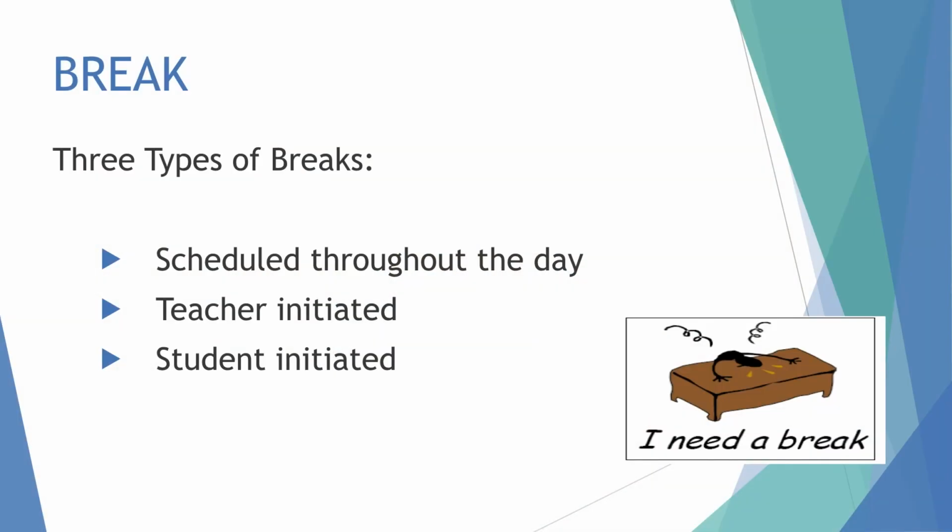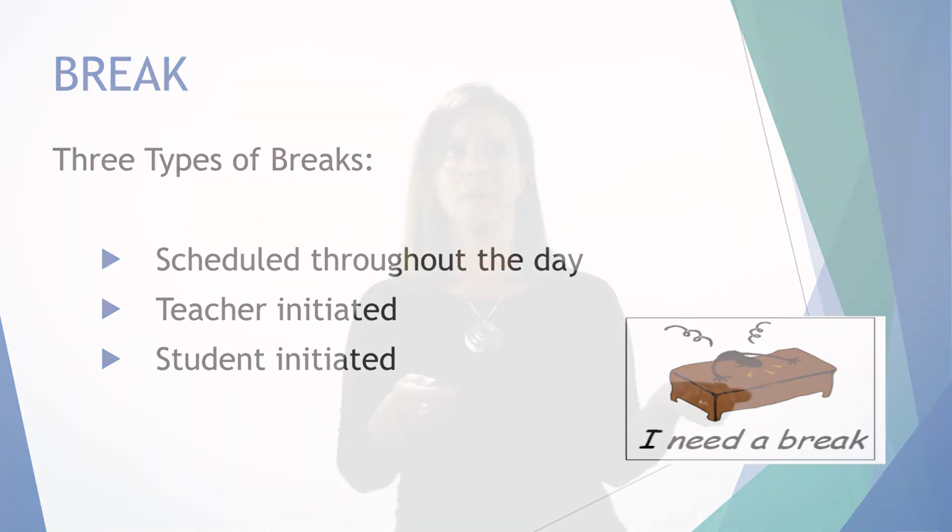We can teach kids to ask for breaks, and there are 3 different types of breaks. We can have a break that's scheduled throughout the day. So you can have on the schedule, a morning break and an afternoon break. You can have it more often than that. You can also have teacher-initiated breaks, like you can see that a child is starting to get dysregulated, they're having some difficulty, they're feeling stressed, they're starting to write really hard with their pencil and their eyebrows are squished up.